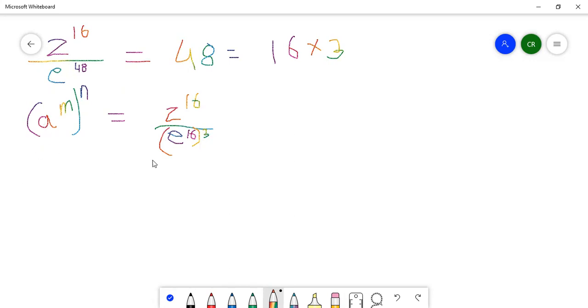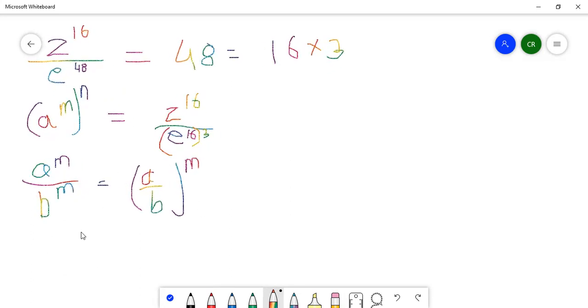Okay. Now again we will write the next law: a to the power m upon b to the power m is equal to a upon b whole raised to m.